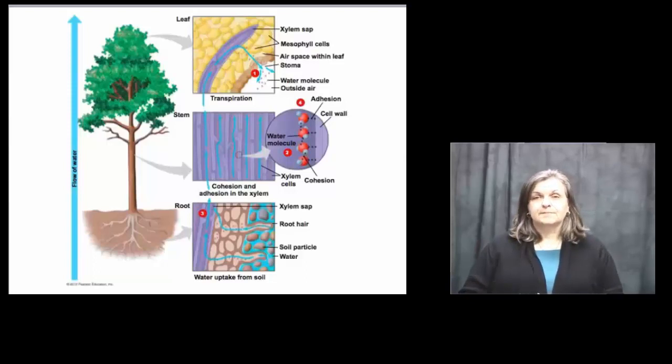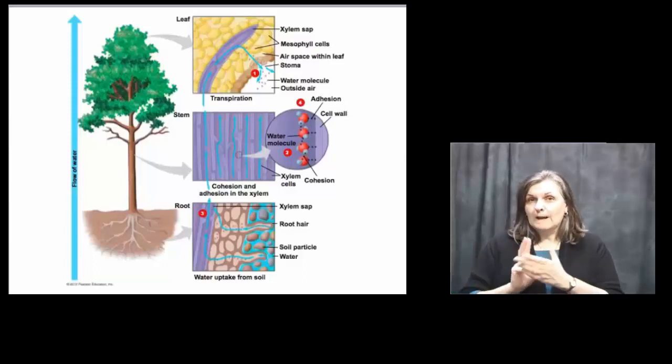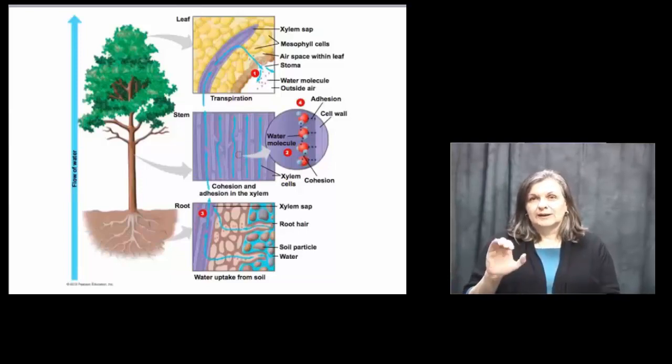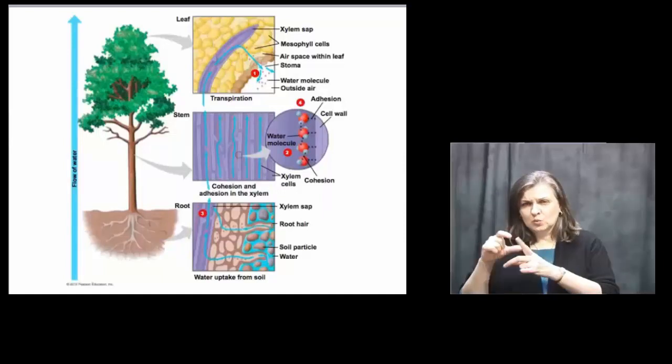In most angiosperms, or flowering plants, these are made up of very small tubes within the xylem tissue that we looked at before, known as tracheids and vessel elements. If you don't remember those terms, you can look back to plant tissues.